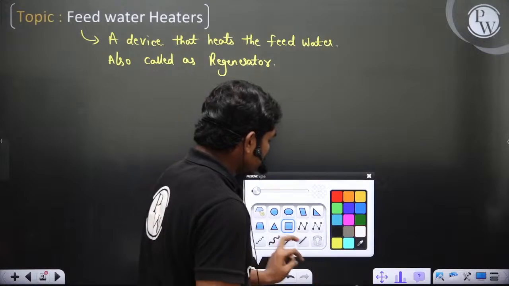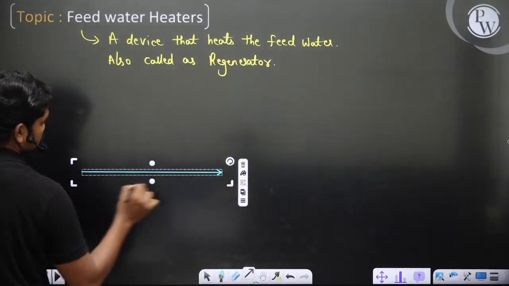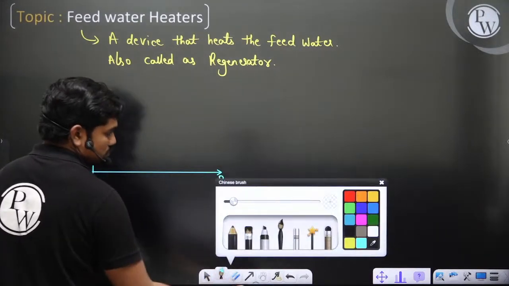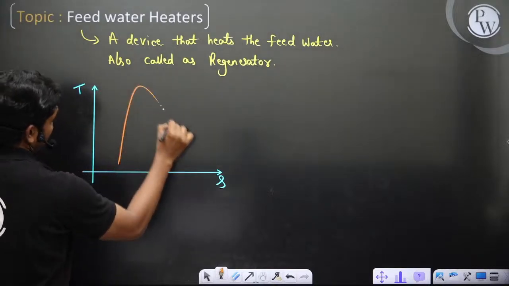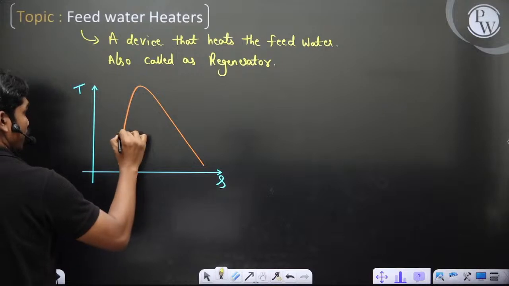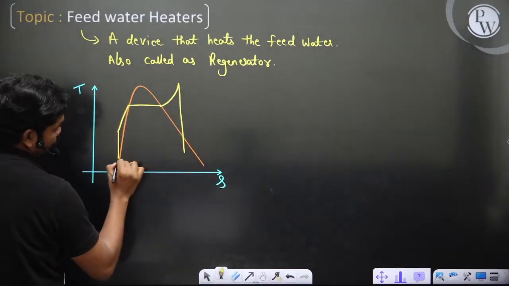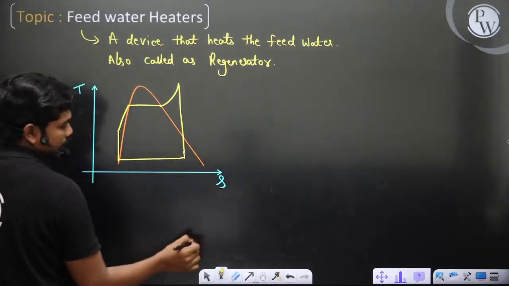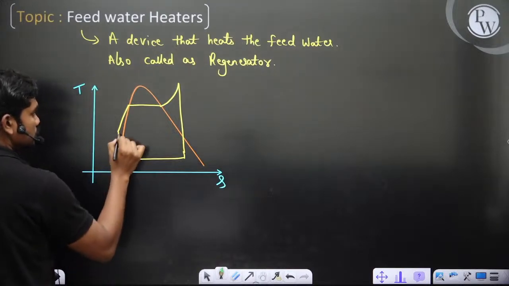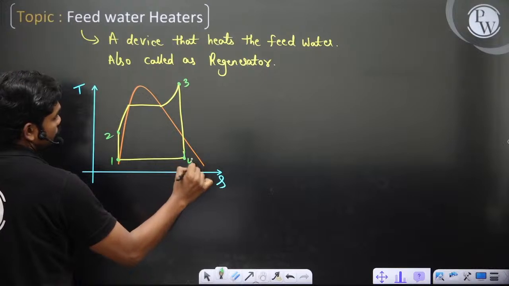Look, normally if you take this Rankine cycle on the T-S diagram, this is how you have the cycle. So you can see these are states 1, 2, 3 and 4. Clear? So you have state 4.